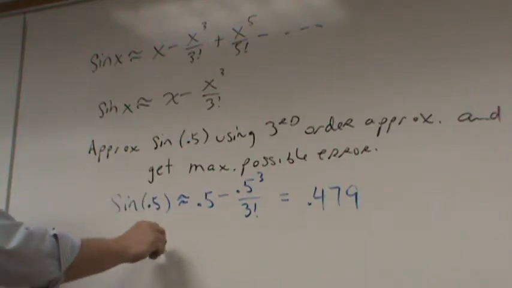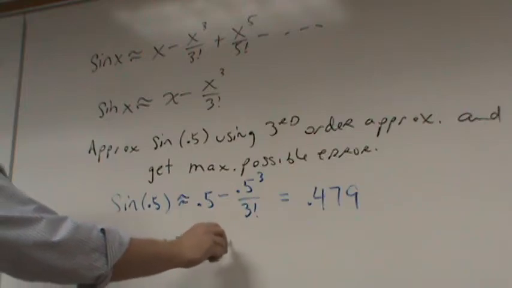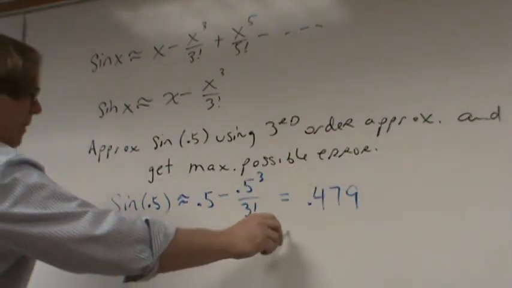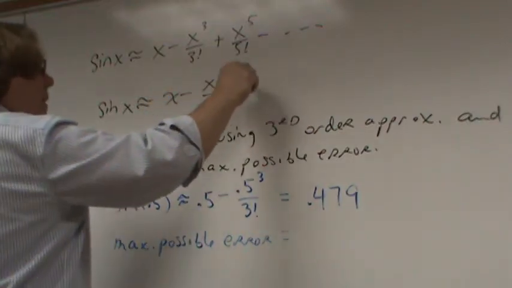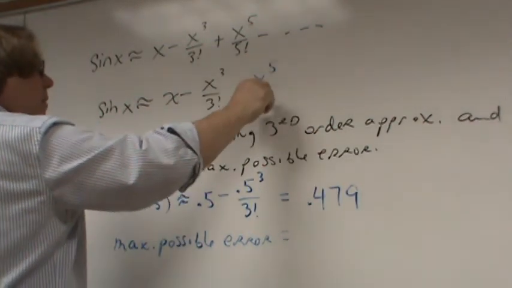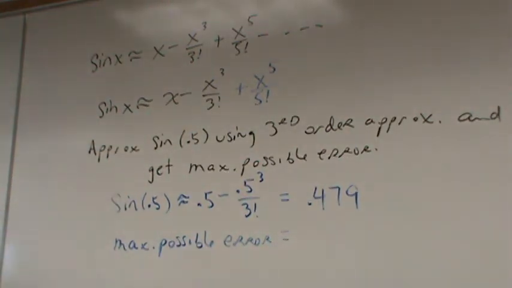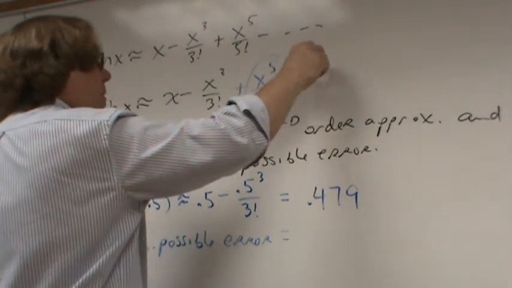And then the maximum possible error. So how am I going to find the maximum possible error? Yeah, first neglected term. I'm going to use that guy, the first neglected term.